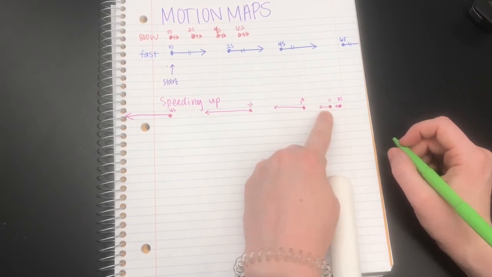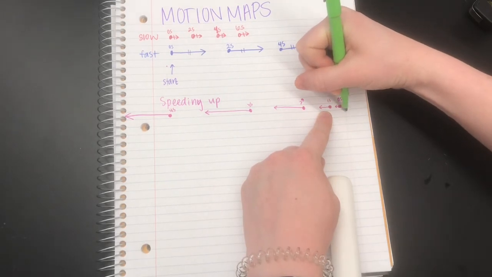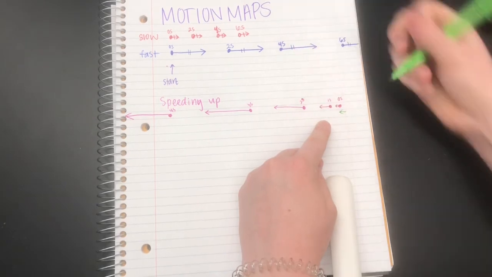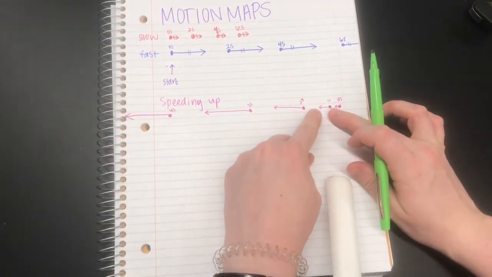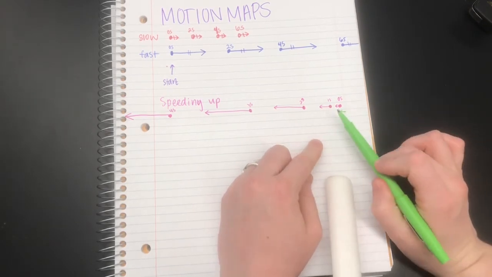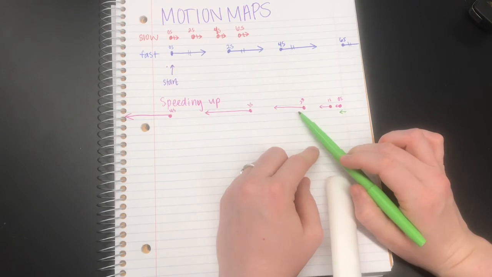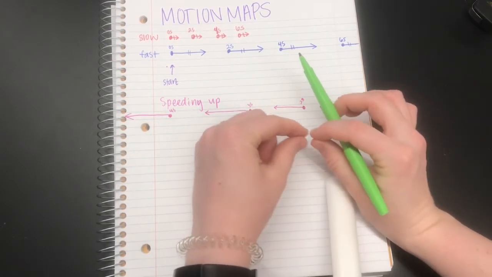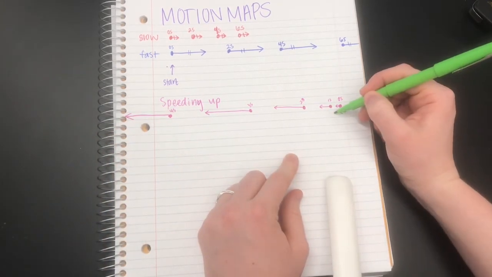And to go from here to here, I want to stretch it. So that means my acceleration needs to point in the direction of stretch. So I'd pull on my arrow in this direction to get it to stretch to be this size. Now I'm going to do that again. To go from this arrow to this arrow, this velocity to this velocity, I would want to stretch it again in this direction to lengthen it.